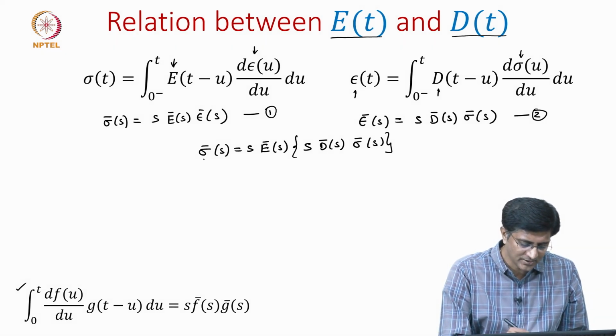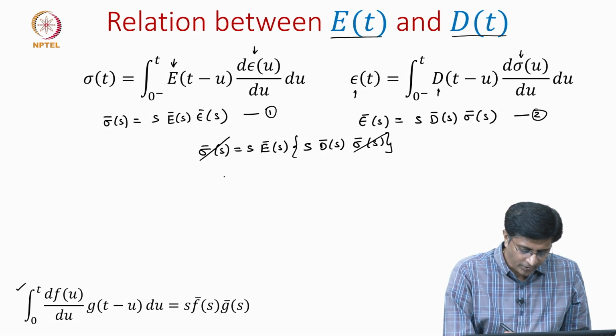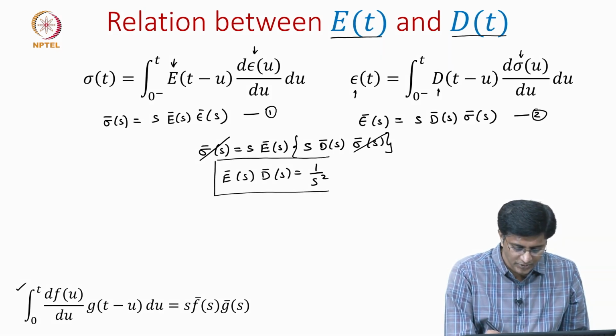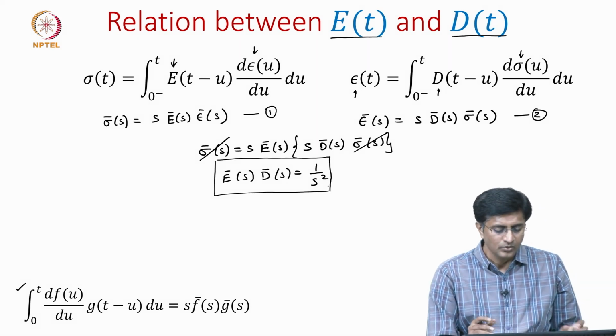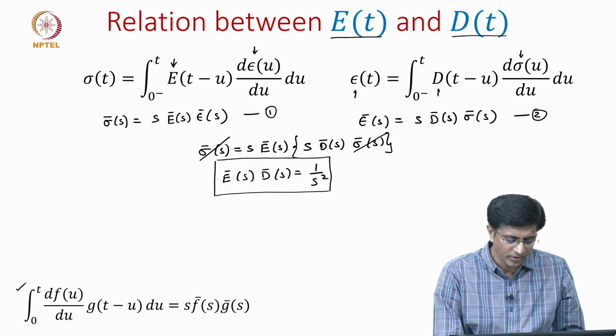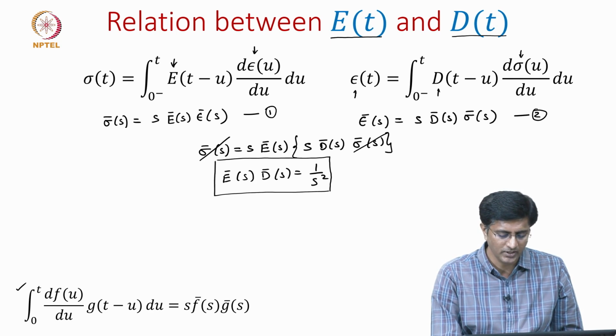Now, if I cancel the stress on both sides of the equation, what we are left with is the product of E of s times D of s, which is given as 1 by s square. So, this is one result we got starting from the Boltzmann integral, saying that in the Laplace domain, the product of the relaxation modulus and the creep compliance is given by 1 by s square.